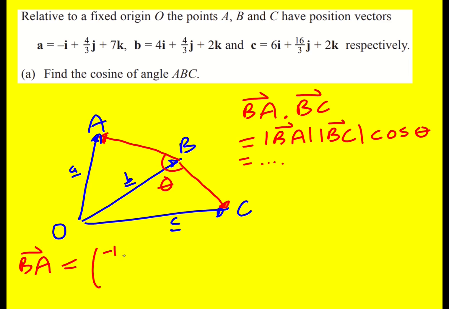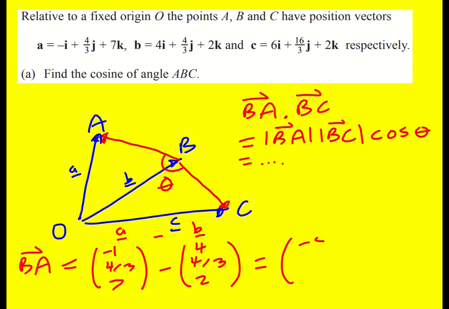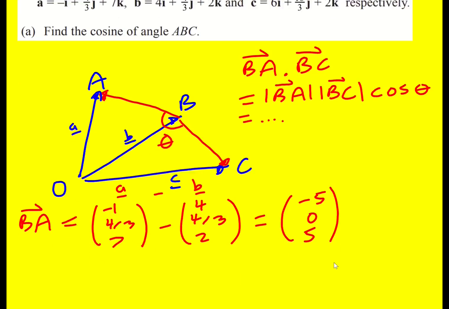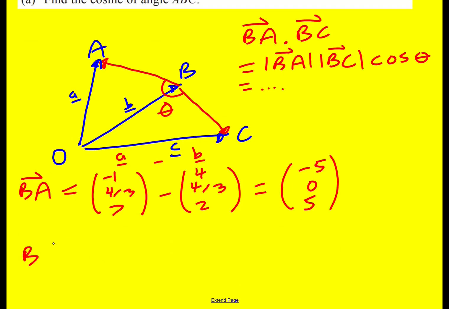So it's going to be minus 1, 4 over 3, 7. That's my a minus b, which is 4, 4 over 3, 2. So that will equal minus 5, 0, 5. BC is then going to be c minus b.